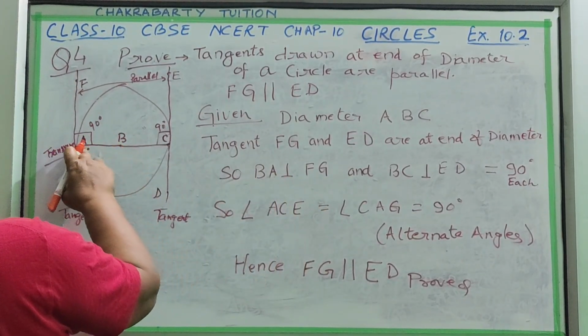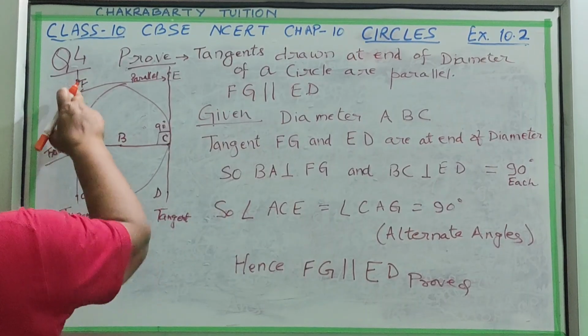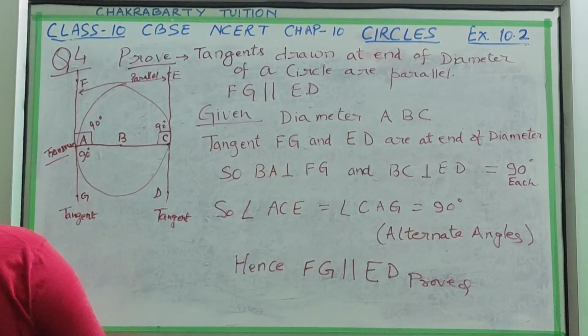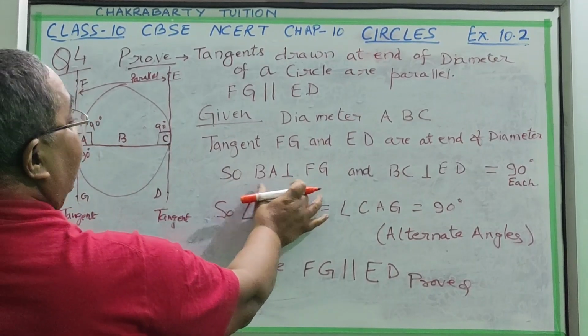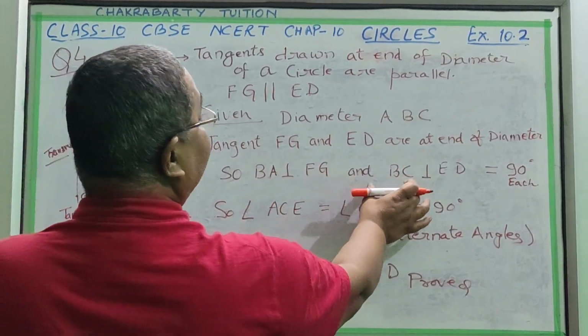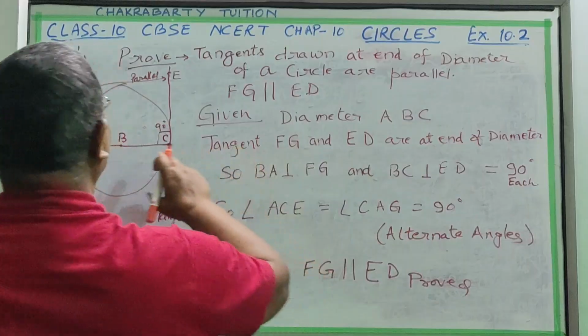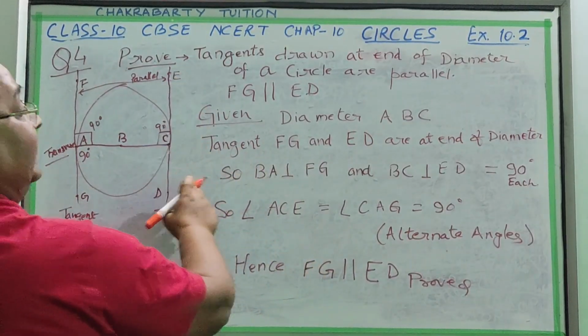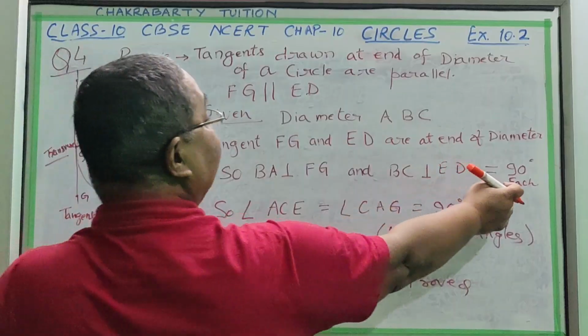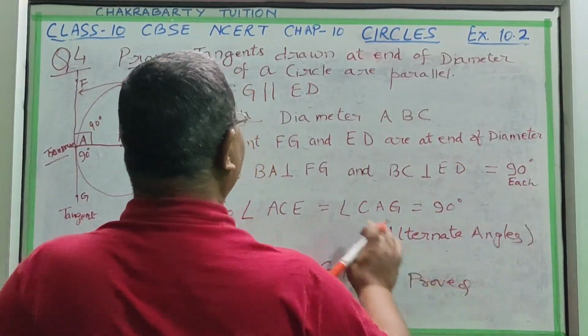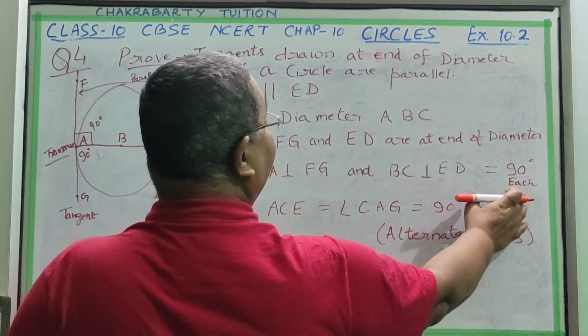Radius always makes a 90 degree perpendicular to the tangent. So BA is perpendicular on FG, and BC is perpendicular on ED, and it also makes 90 degrees. So both are 90 degrees.